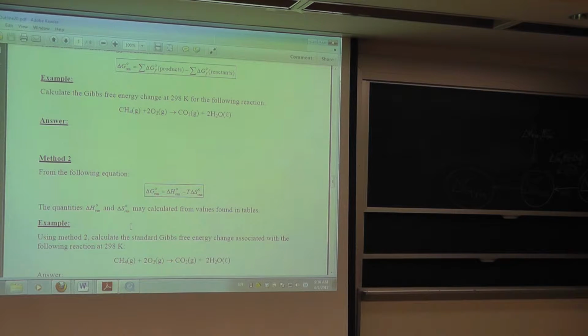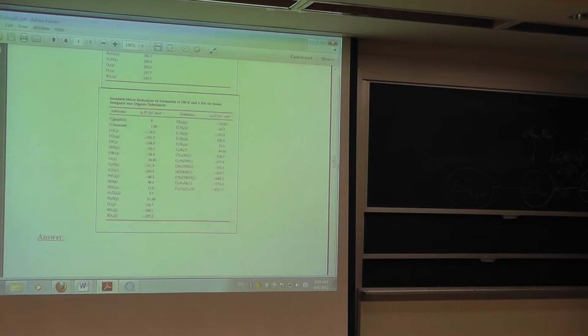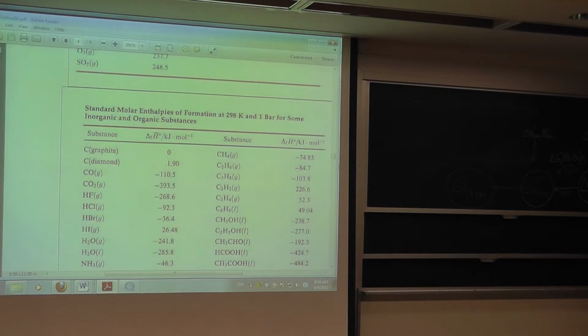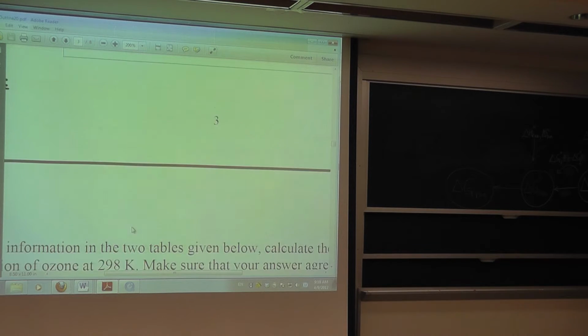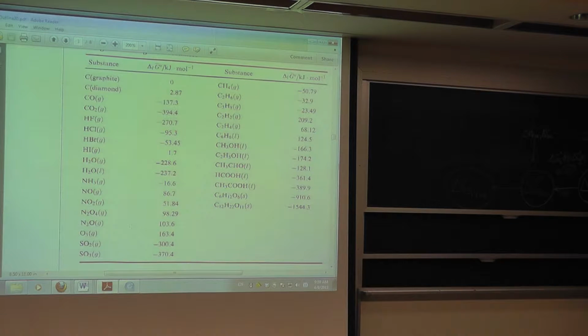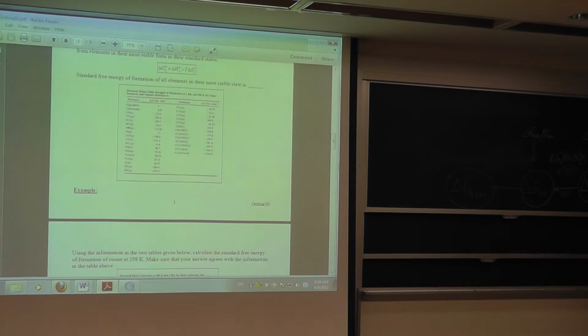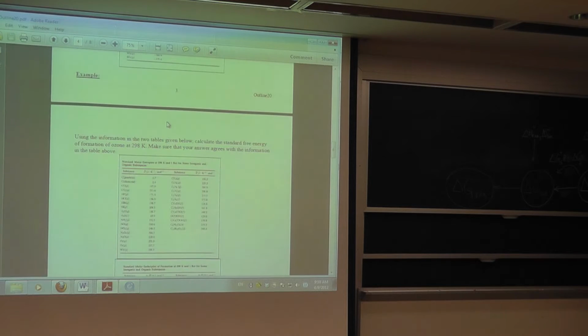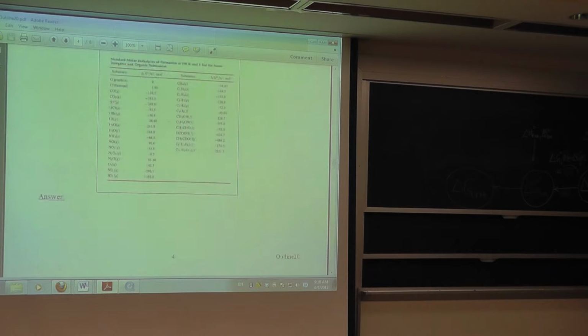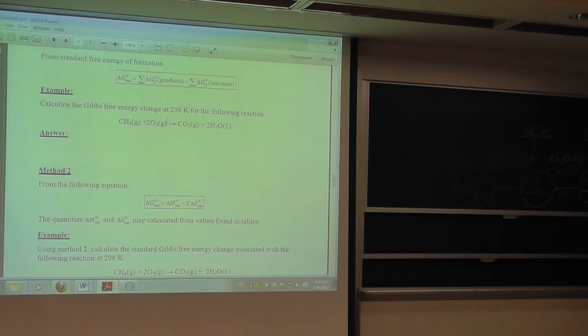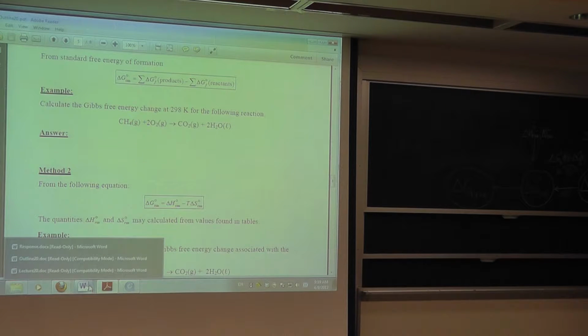For CO2, is that a negative sign? Yeah, minus 394.4. And O2 is 0, right? O2 is going to be 0.